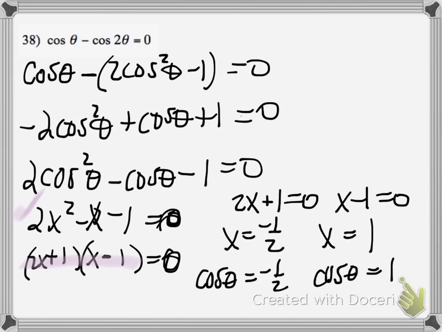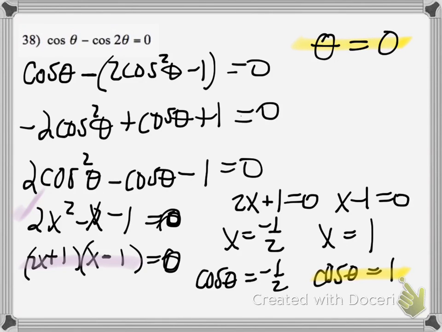And remember, on the unit circle, cosine of an angle is the x coordinate. I'll color code it a little bit. This equation right here, cosine of theta equals 1. Well, the only place that happens is theta equals 0, because that's where x is 1.